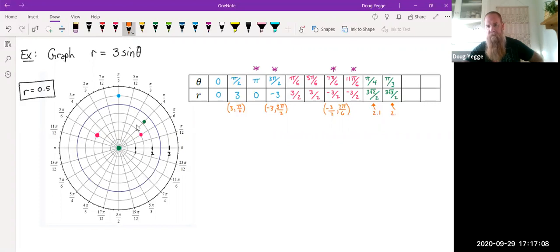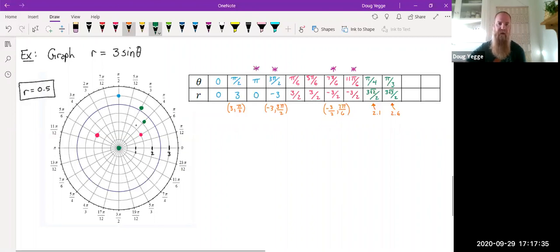Divide that by 2, and we get approximately 2.6. So now at the angle of pi over 3, somewhere along this line, I'm going to go out 2.6 units, which is, well, here's 2. Here's 2.5. So 2.6 is a little past here. And therefore, there's another point.